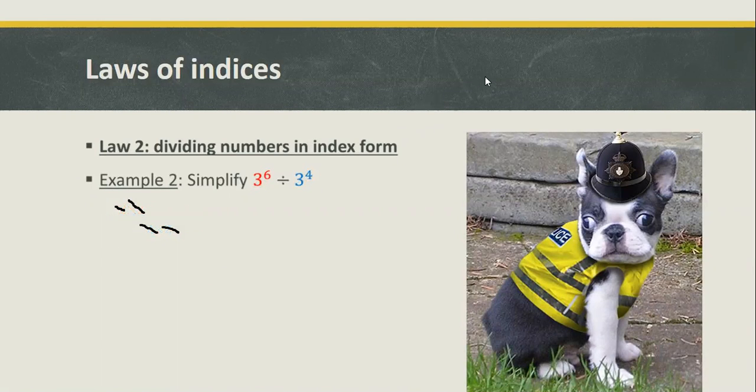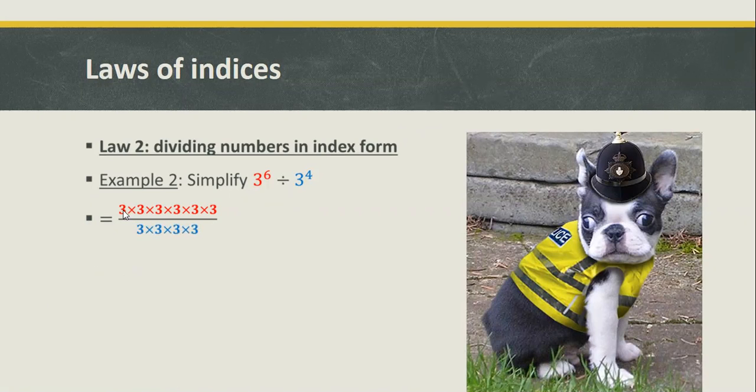Okay, let me get rid of this, and then we consider another example. Simplify 3 raised to the power of 6 divided by 3 raised to the power of 4. What do we have here? So you express 3 in 6 places, just like what you can see on the board, and then you divide it by 3 in 4 places, again like this.